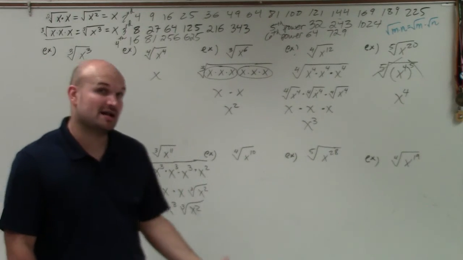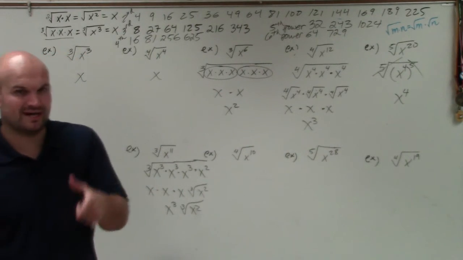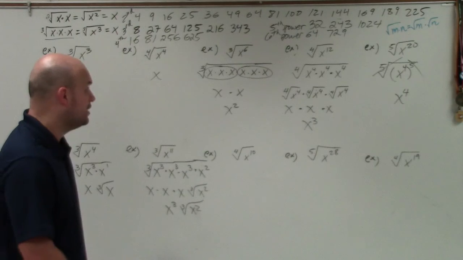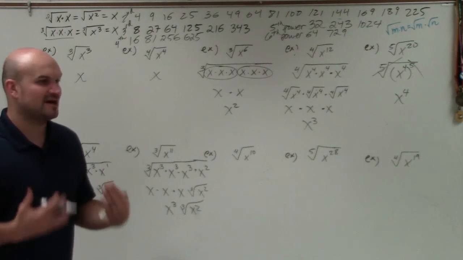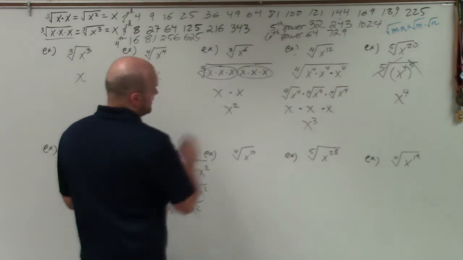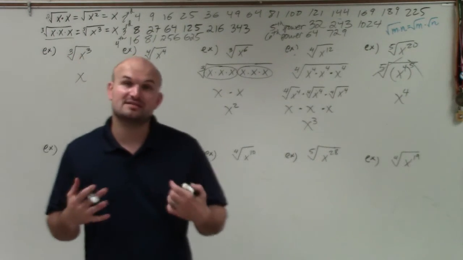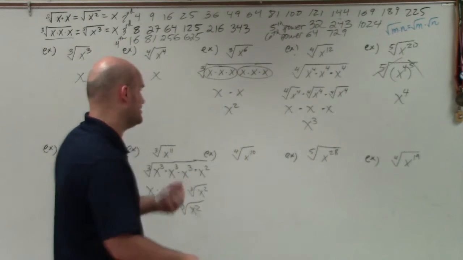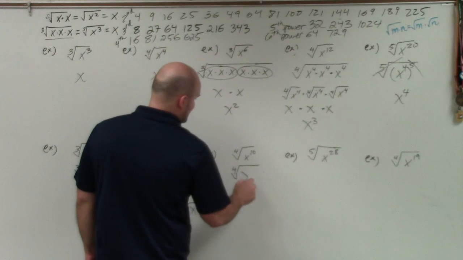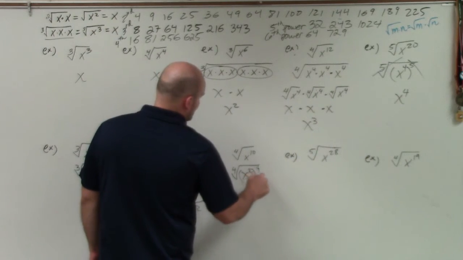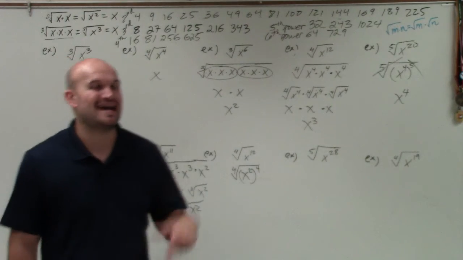OK? So you could use the product rule like I did there and just find out what else you need to get to that power. Or you could also use the power rule. So again, thinking about multiplying by 4. Well, 4 times a number does not give me 10. But I could do 4 times 2, which gives me 8, pretty close. So I could write this as x squared to the 4th, because that gives me x to the 8th.